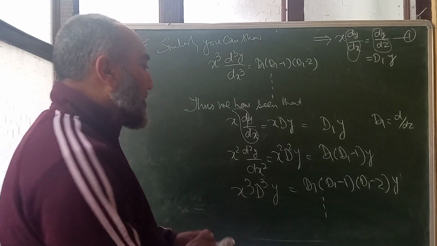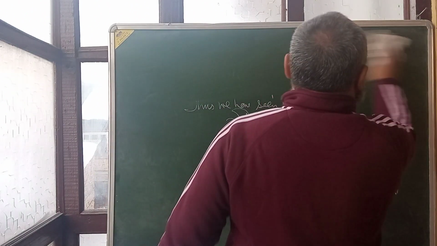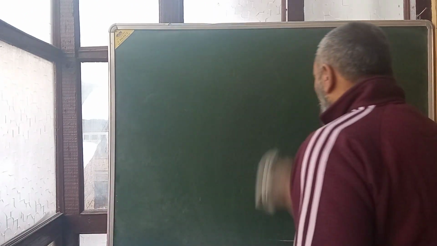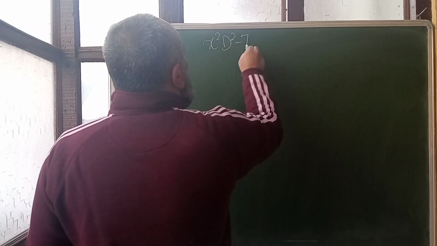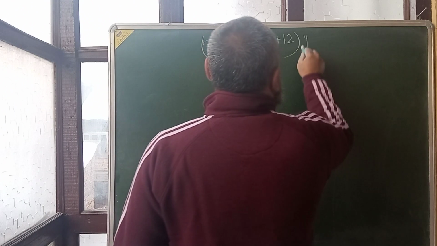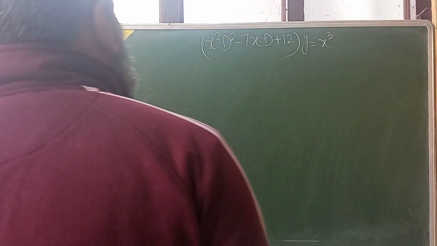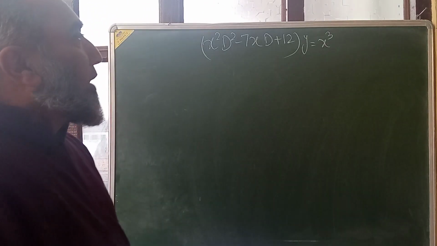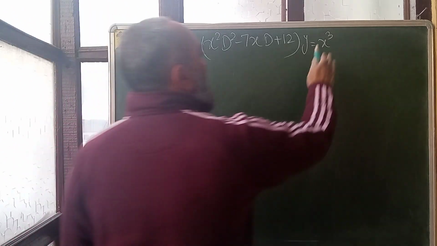Question number 1. I hope you understand this. X square D square minus 7xD plus 12 operating on y equal x cube, or x square.